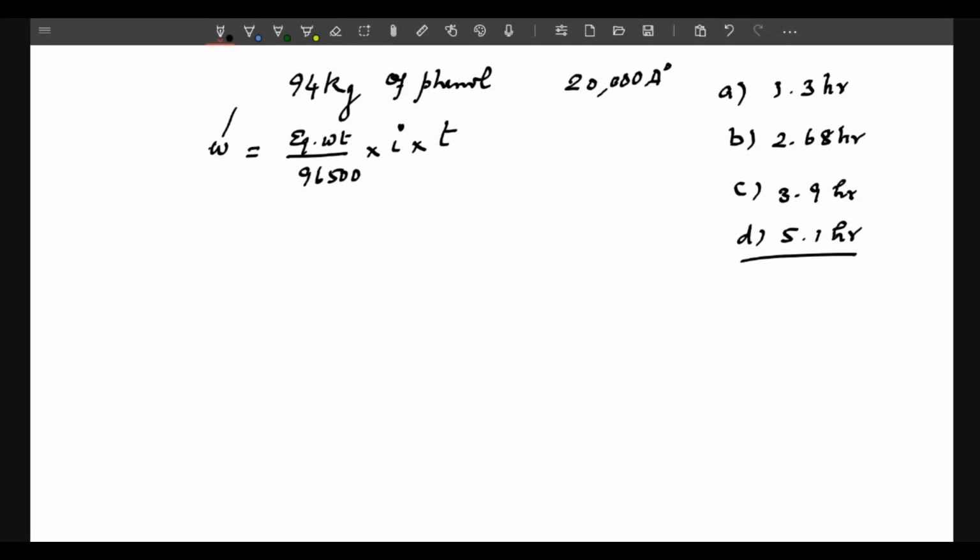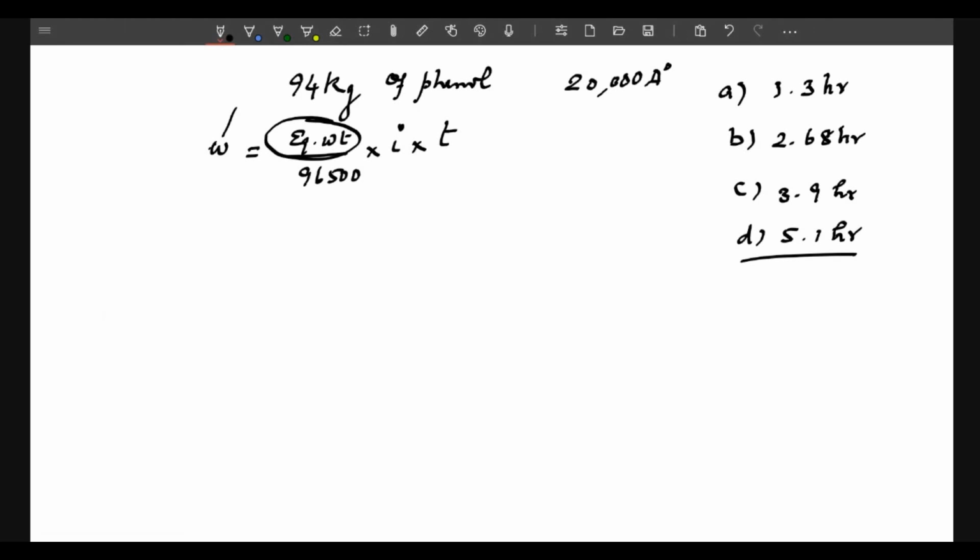It is given, 94 kilogram. Then the equivalent weight of phenol you should know. Sir, how to find out the equivalent weight of phenol? For that you should write down the equation for bromination of phenol, as given in the Holmes synthesis. If you write the bromination equation, you can easily find the equivalent weight.